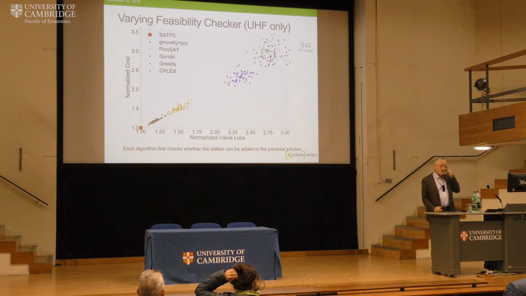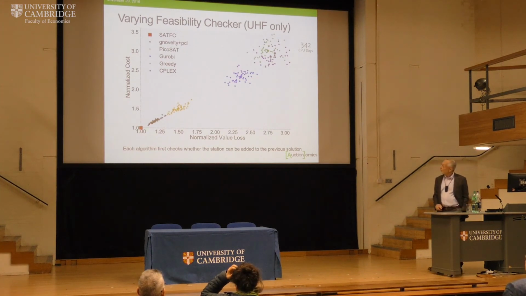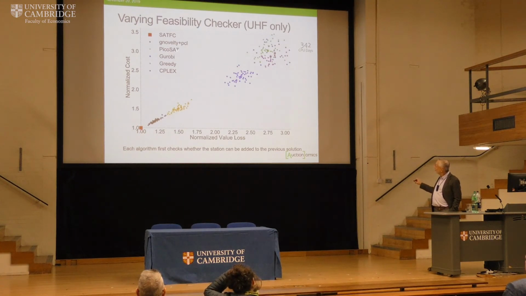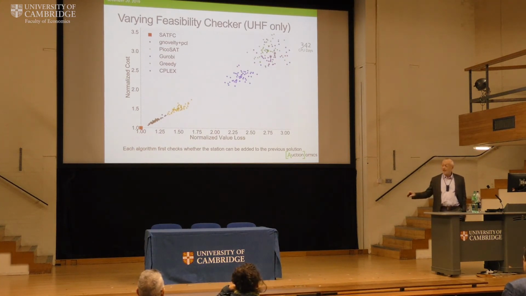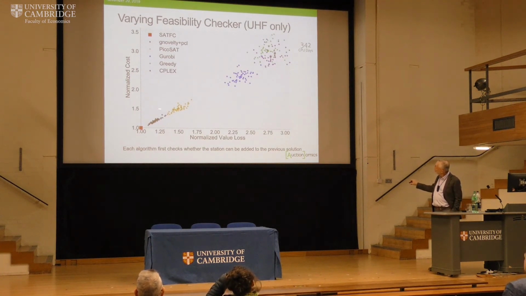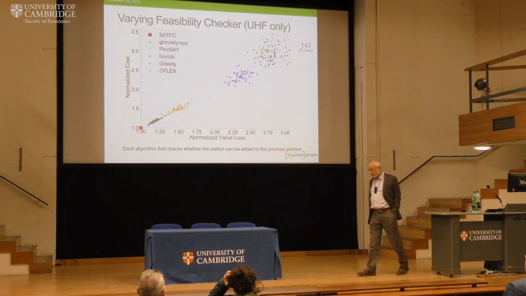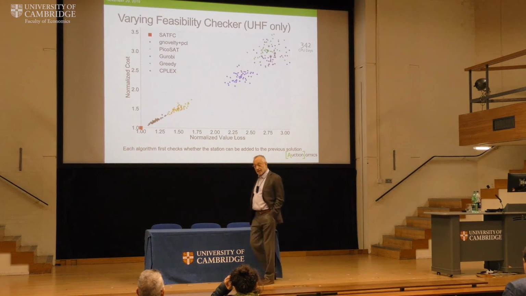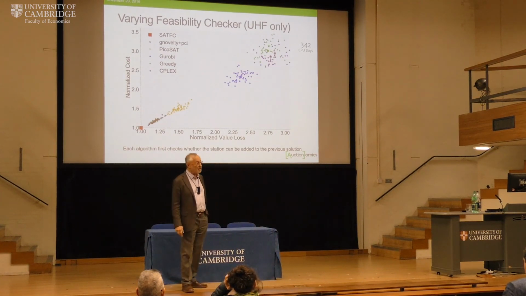And Gurobi is the other state-of-the-art checker. And if you used special purpose SAT solvers, there are some that we found that would have done pretty well in the auction, PicoSat and this thing called G-Novelty plus PCL, God knows what that is. But you can see that these things are leading to on the order of 50% extra cost or 25% extra cost and normalized value loss. The actual auction, using the software that Kevin and his team created, saved a lot of money in this auction.